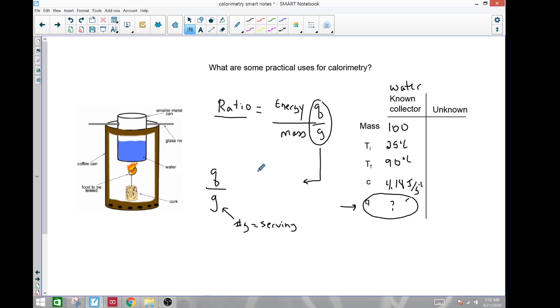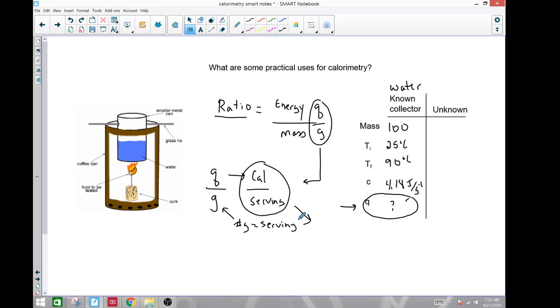And they're going to give you the energy, they're going to call it a calorie, or if you're in Europe, a kilojoule, calories per serving. And that is what we're looking for. That's what's on the package.